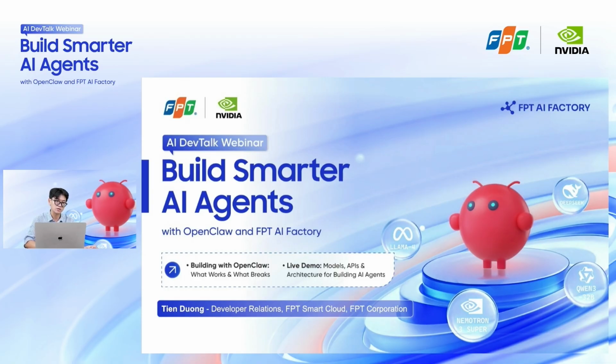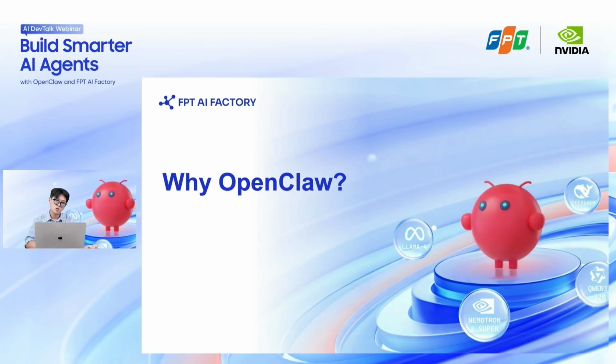So what is OpenClaw? In one sentence, OpenClaw is an open source framework for building AI agents, not chatbots, not wrappers around an API. It's real agents. Here's the way I'd like to explain it.